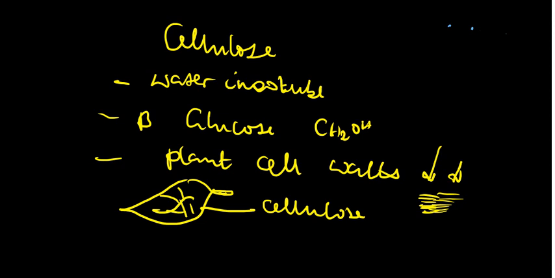We also have what we call chitin, okay? We have chitin. So this chitin is an unbranched polymer. So if it's unbranched, meaning it's like amylose, okay?